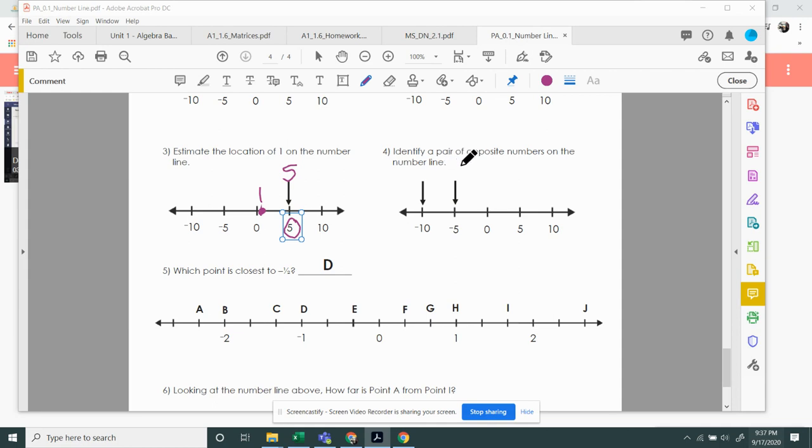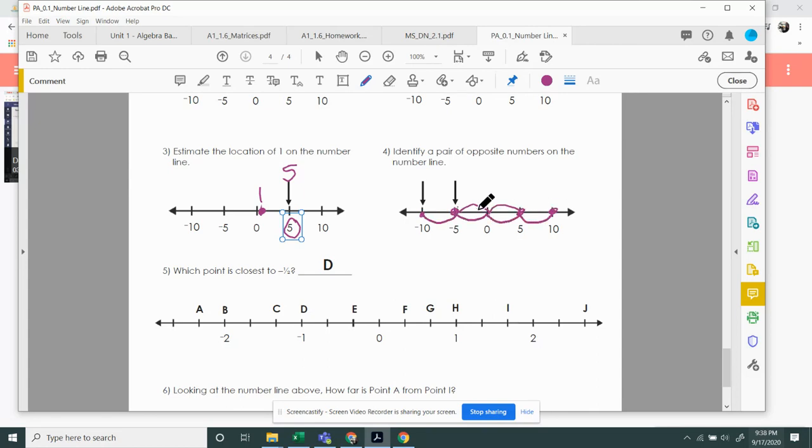Here we're asked to identify a pair of opposite numbers on the number line. So these are not opposite. Let's just say the opposite of -5 would be +5, and the opposite of -10 would be +10. We're counting by fives here.